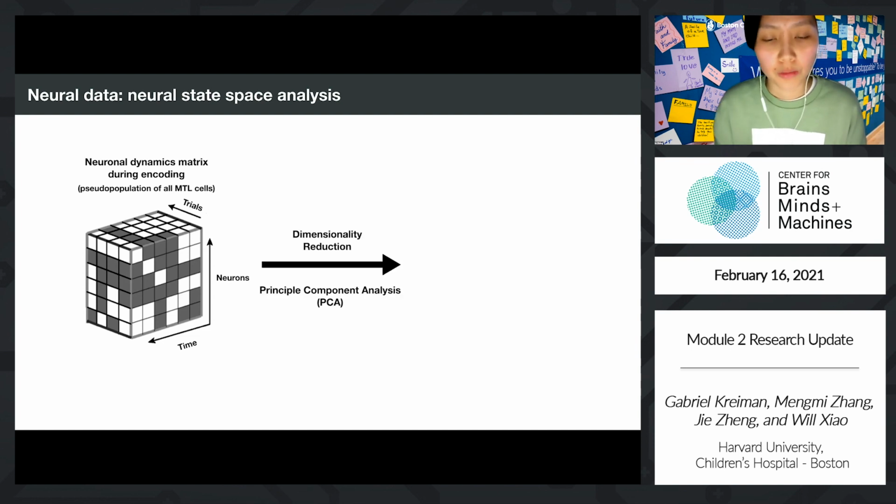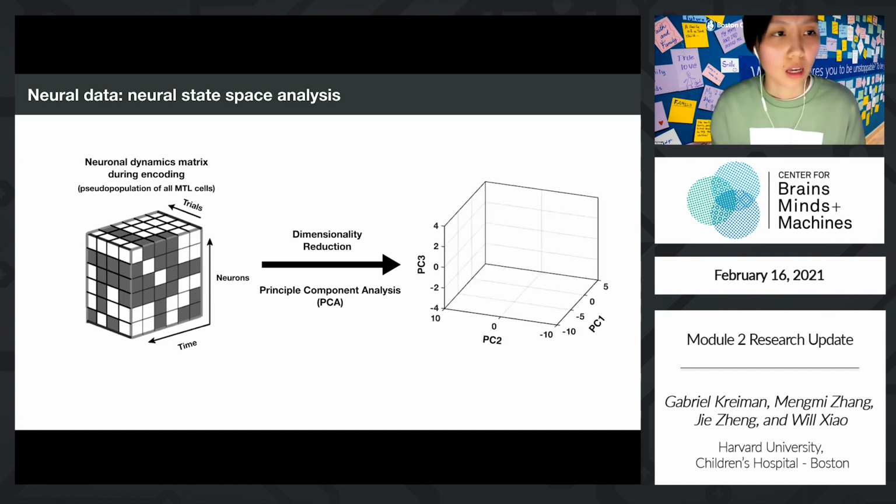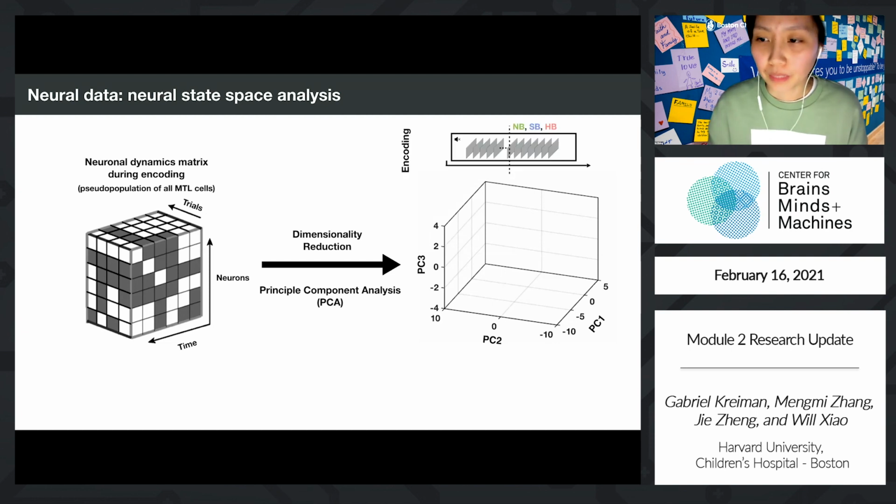Then we did dimensionality reduction using PCA and reduced this high dimensional information to a 3-dimensional space, and plotted the neural trajectories at each time point while the subject was viewing the different clips.